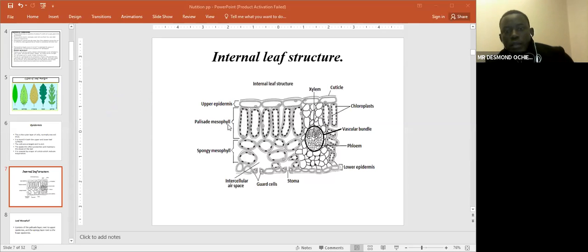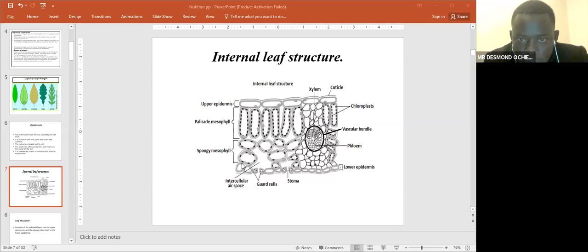The cells found in the mesophyll have a lot of chloroplasts. You can see we have several chloroplasts in the Palisade mesophyll cells. That tells you that photosynthesis can occur in the Palisade mesophyll cells because of the presence of chloroplasts, which contain chlorophyll.